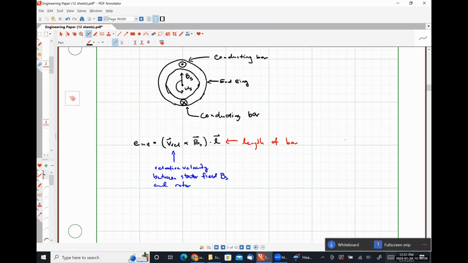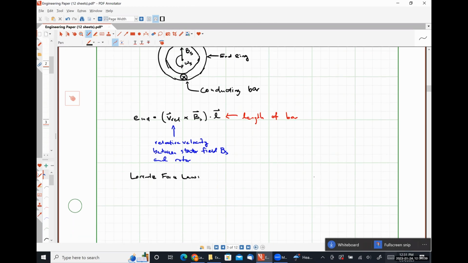So the Lorentz Force Law essentially states that there will be a force generated whenever we have charge moving in the presence of a magnetic field. And that force is going to be equal to Q times V crossed into B. Well, in this case, it's our stator field that's acting on our conductor bars.